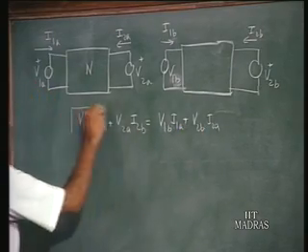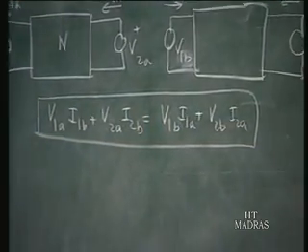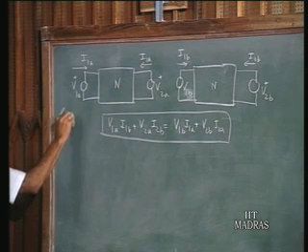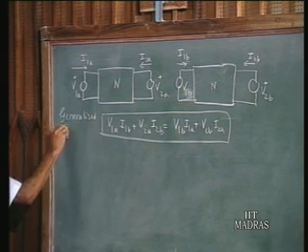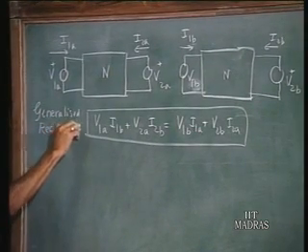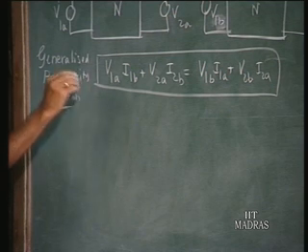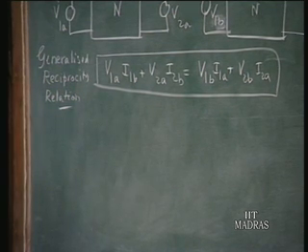So this particular relation is valid for a general reciprocal two-port network, and this is called the generalized reciprocity theorem, or generalized reciprocity relation for a two-port network. And this can be used to demonstrate several results that we know.